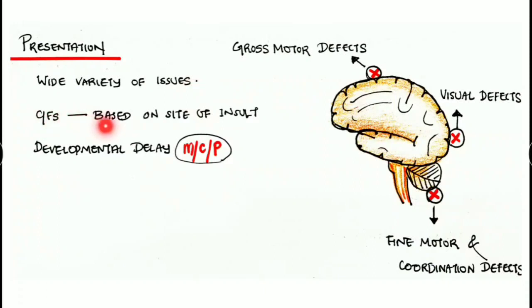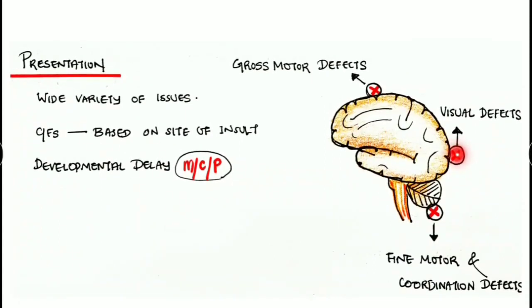The clinical features are based on the site of insult, and anyhow, developmental delay is the most common presentation. Let's see how. If there is an insult to the developing motor cortex, then it causes gross motor defects in the baby, like the baby cannot move his lower limbs or has difficulty in moving his hands.